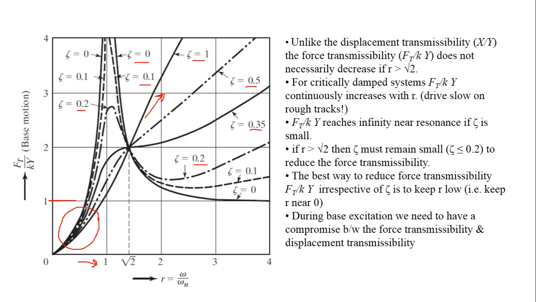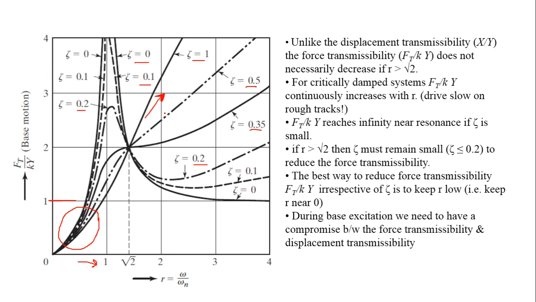It is a very distinguishing result if you compare this with the case of transmissibility of displacement or the magnification factor. For critical systems and overdamped systems, those quantities were not important, because they don't show any peak in that case.